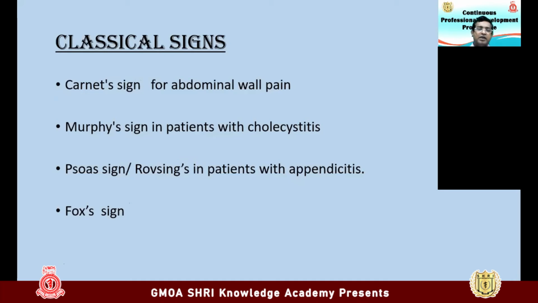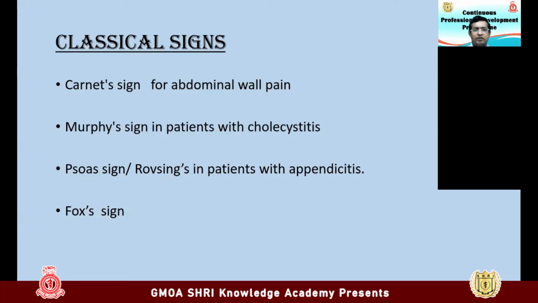So when you are examining the patient, you will see some signs which are classically described in the literature. If these signs are present, they may guide you to a particular diagnosis.